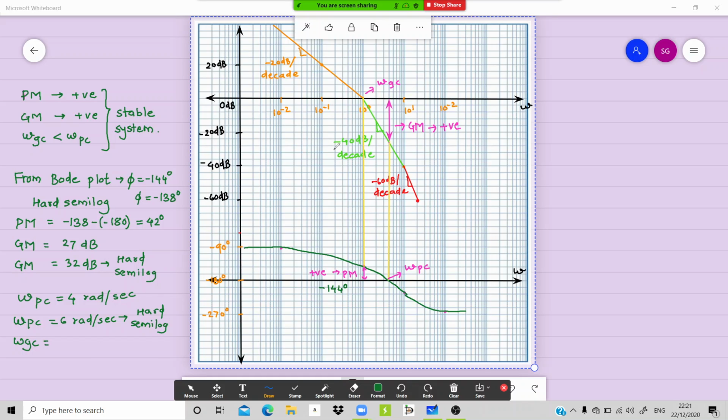So omega GC, definitely at this point the plot was bending, is going to be 1 radian per second. This is definitely correct because the graph itself is giving you these values. Omega GC is equal to 1 radian per second, and omega PC I got 6 over here, but in the hard paper we got it equal to 4.